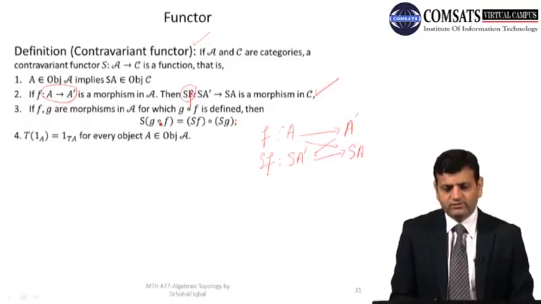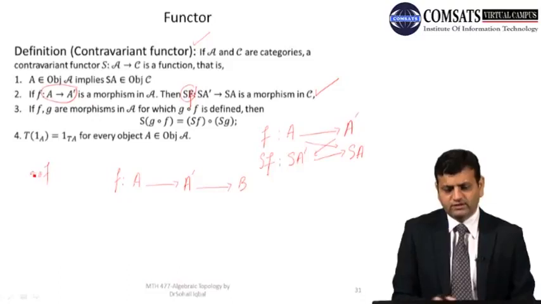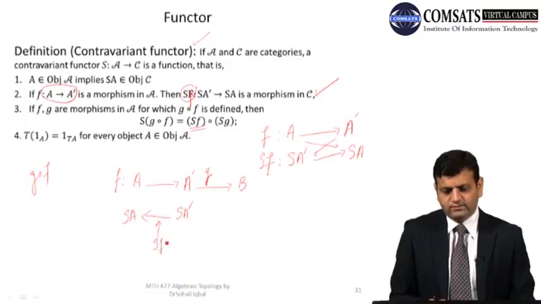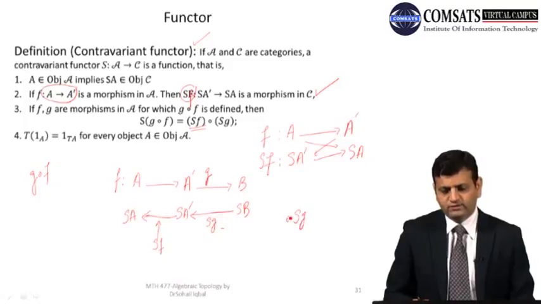Similarly, we define the composition in the following way. If F is a morphism from A to A prime, and G is a morphism from A prime to B, then we can define the composition G circle F. Since SF is a morphism from SA prime to SA, and SG is a morphism from SB to SA prime, we start from SG and then compose it with SF.